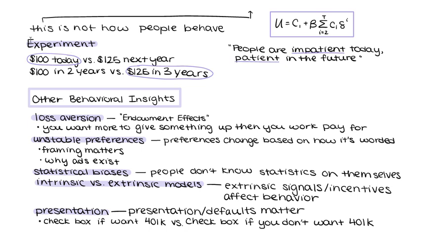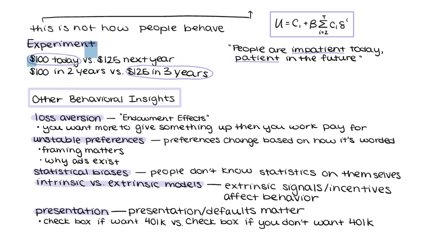So behavioral economics is highly connected to experimental economics because economists want to know how people really think, not just calculate a lot of numbers on paper and assume that people are rational. Behavioral or experimental economists don't do that. So here is an experiment.